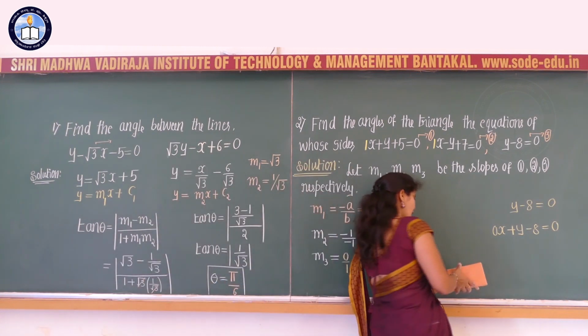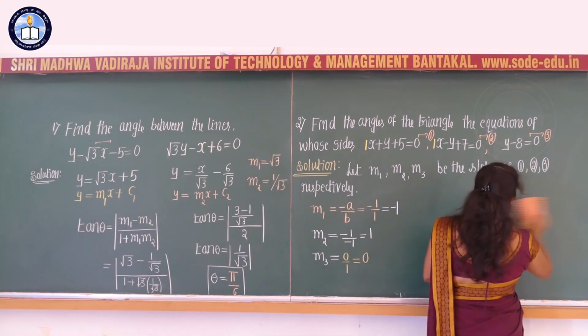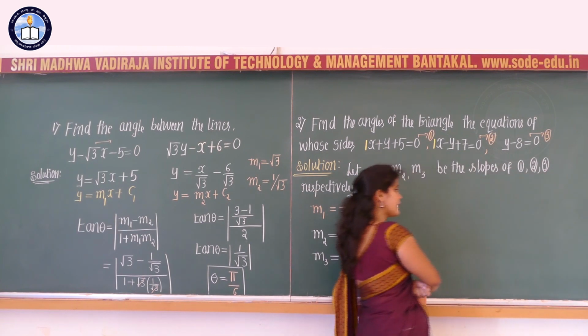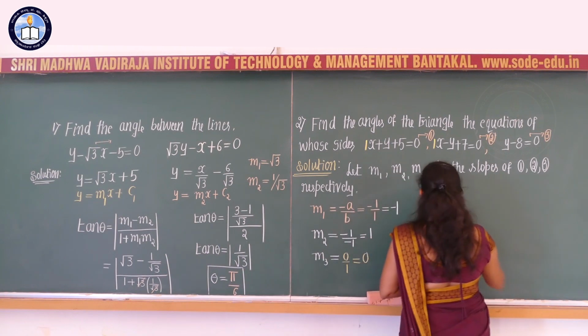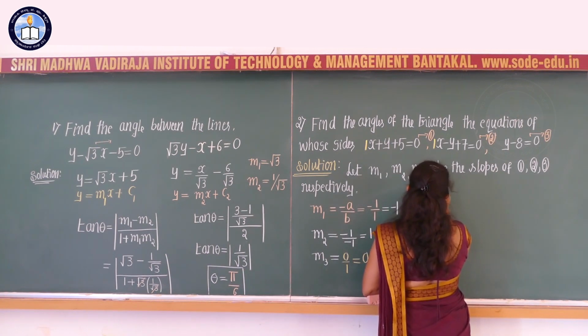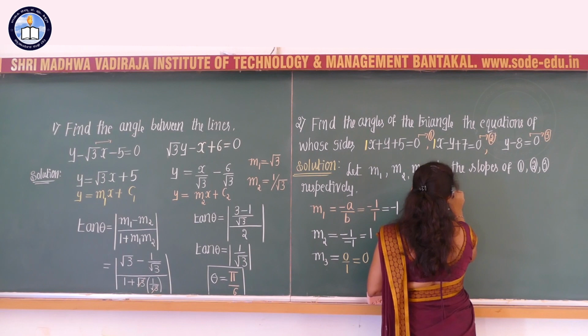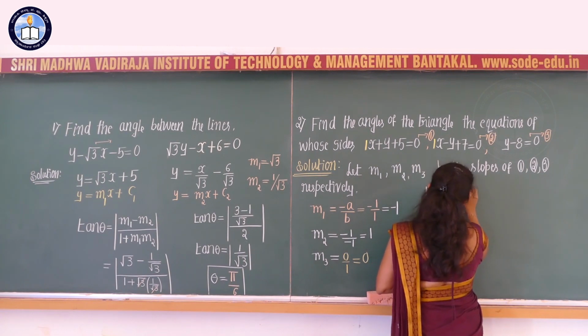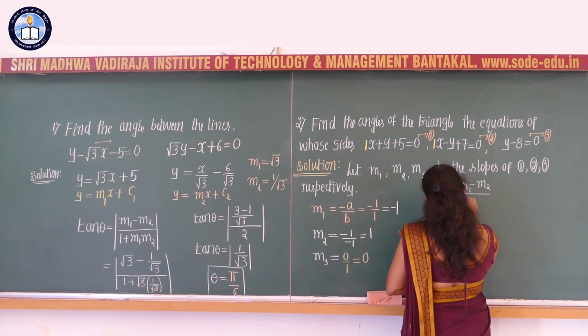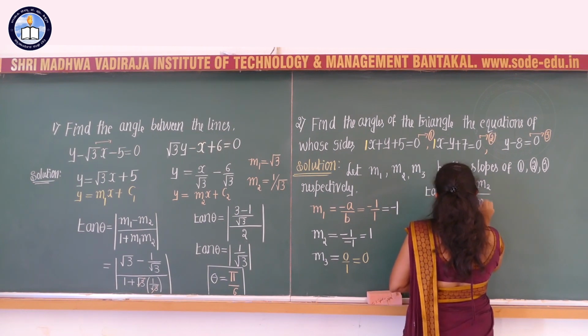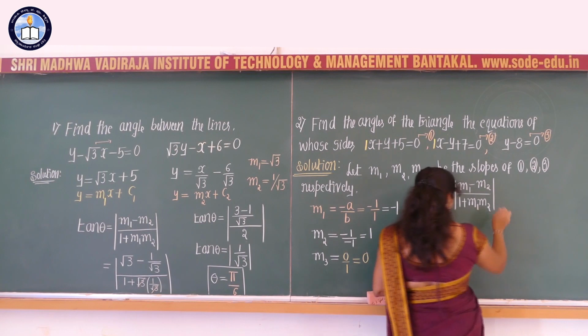So after this we know the different values of slopes, m1, m2 and m3. And I will consider one formula, tan theta. We know how to find the angle between two lines. Tan theta is given by the formula m1 minus m2 divided by 1 plus m1 into m2, correct.